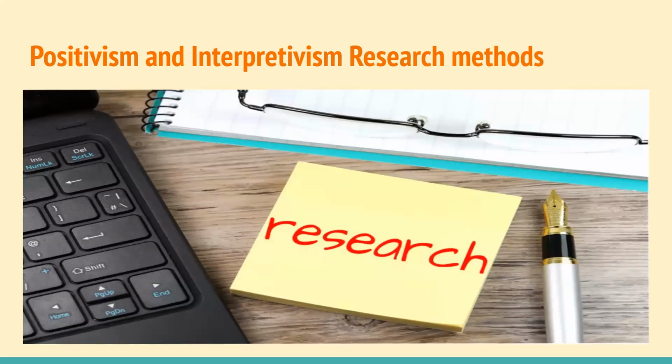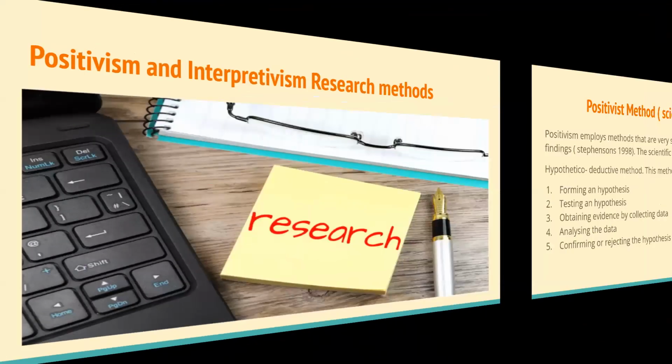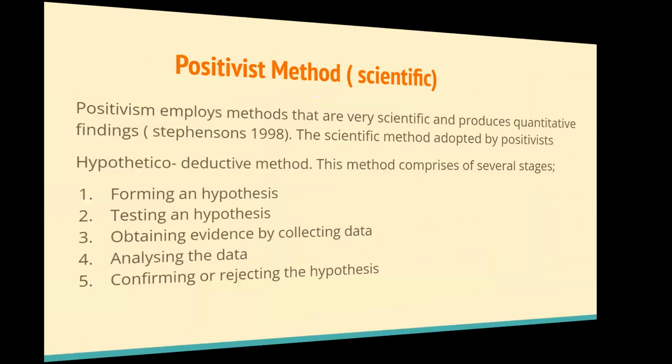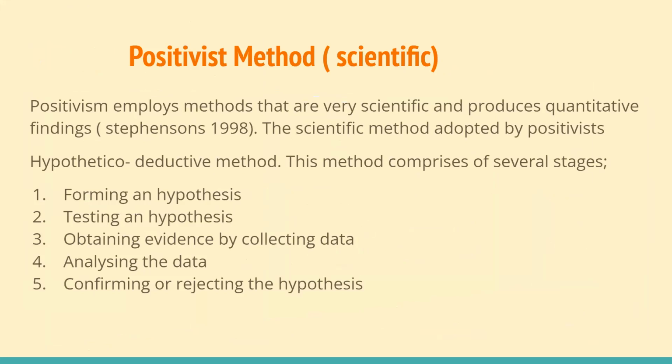We're going to move on to what is known as positivism and interpretivism research methods. What is positivism? The positivist research method is scientific. Positivism employs methods that are very scientific and produces quantitative findings.